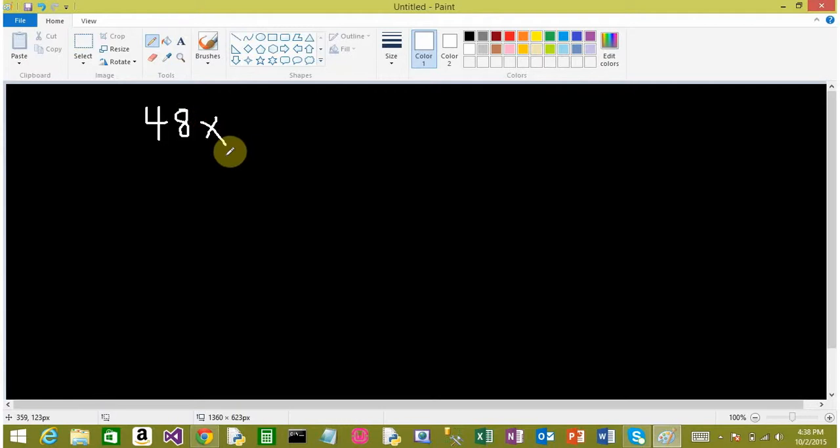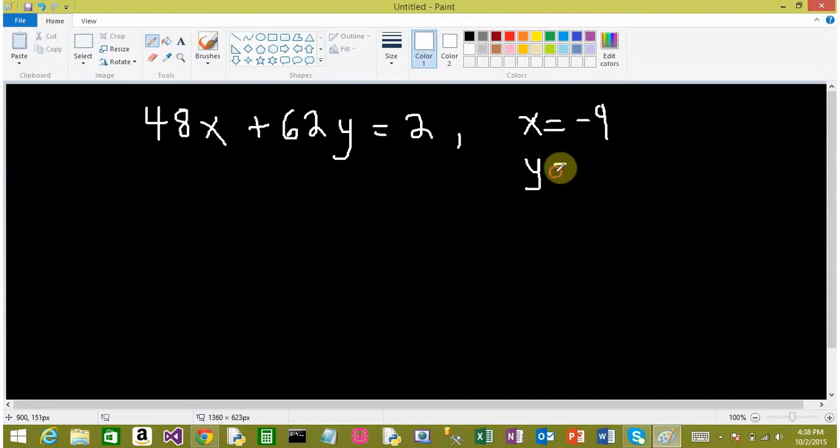Oh, that's technology for you. So 48x plus 62y equals 2. And we found that our two solutions that we got is x equals -9 and y equals 7.